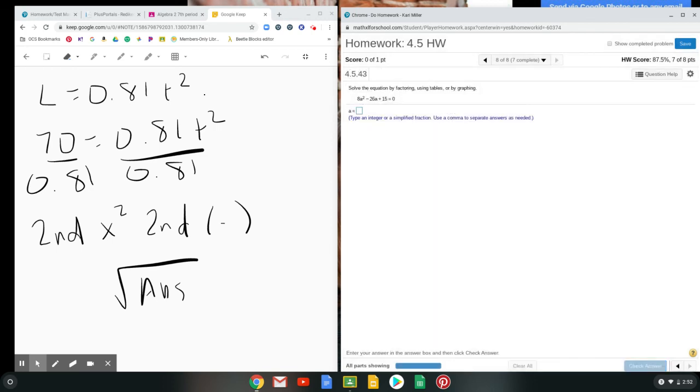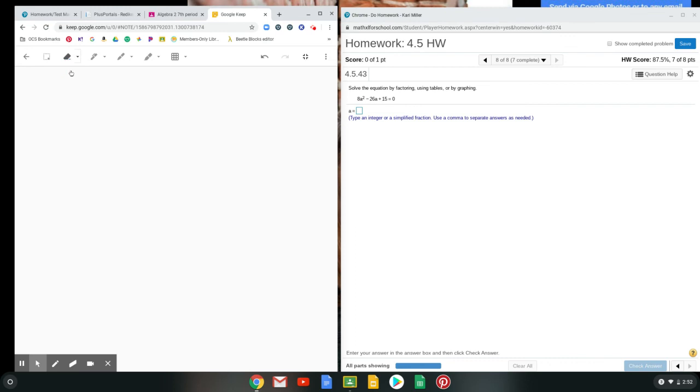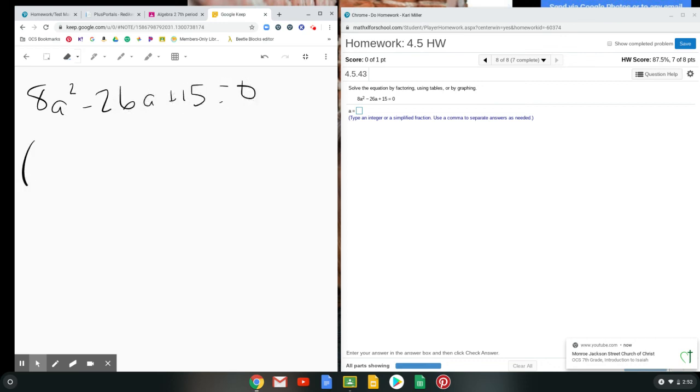All right, and then last one. This is, again, we're factoring. So 8a squared minus 26a plus 15 equals 0. This is a guess and check. So this one is 4a, 2a, 3, and 5.